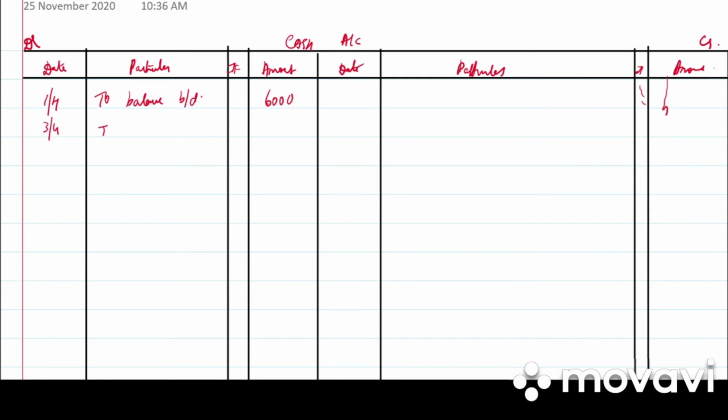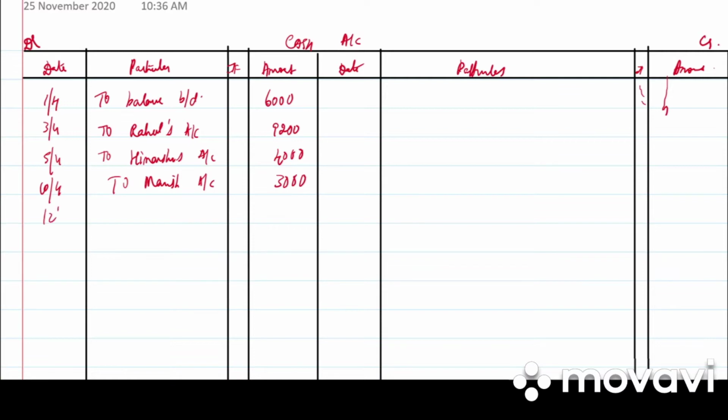Then on 3rd April we have to Rahul's account 9,200. Keep seeing your journal entries one by one. Wherever there is cash we need to write it here. Then we have to Himanshu's account 4,000. 10th April we have to Manish account 3,000. 12th April we have to sales 6,000.